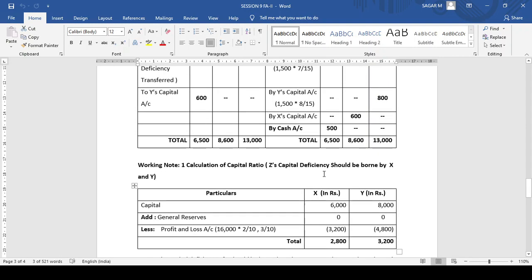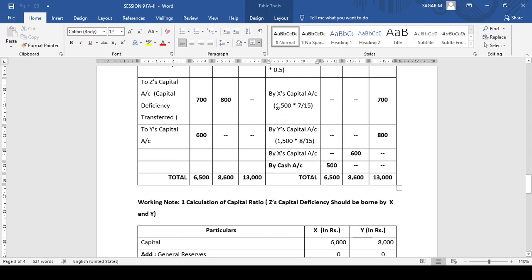See here that I have divided the 1,500 among X and Y in the ratio of 7:8. So out of 15 parts, 7 parts should be borne by X, and 8 parts should be borne by Y. And remember, after passing this entry, now we need to transfer.